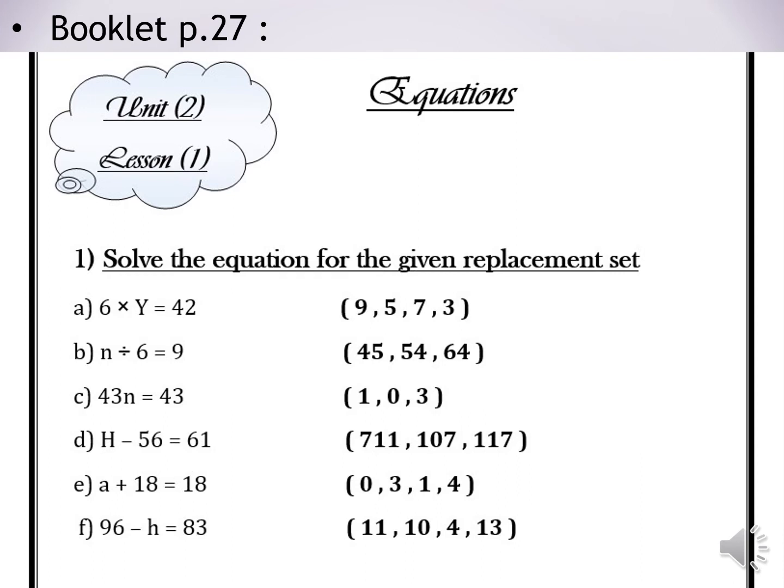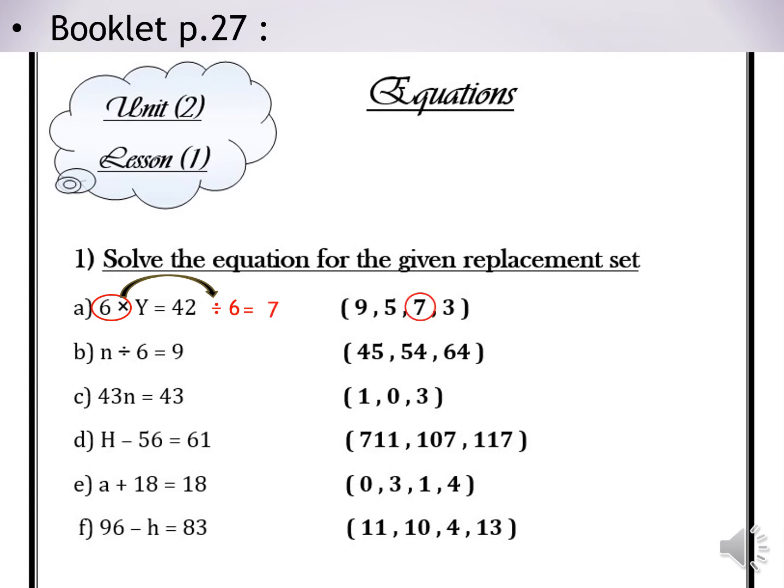I will take the number to the other side with the opposite sign. So 6, and here multiplication, it will be division. So 42 divided by 6. y equals 42 divided by 6. 42 divided by 6 equals 7. So I will choose 7.